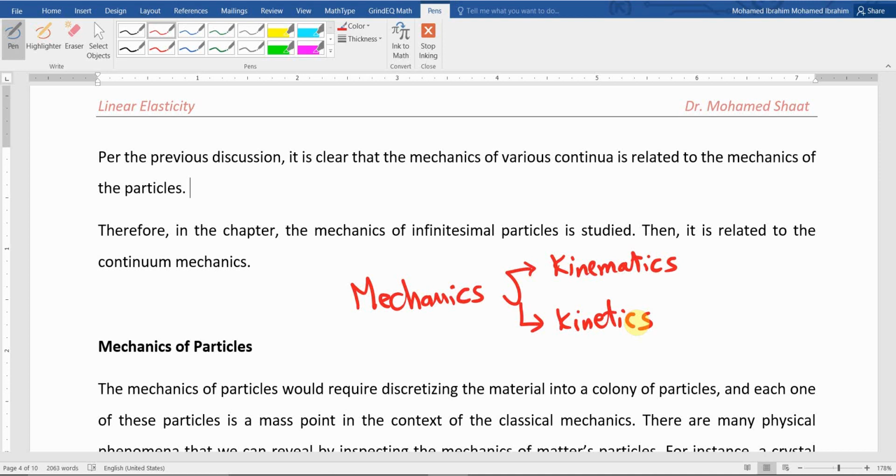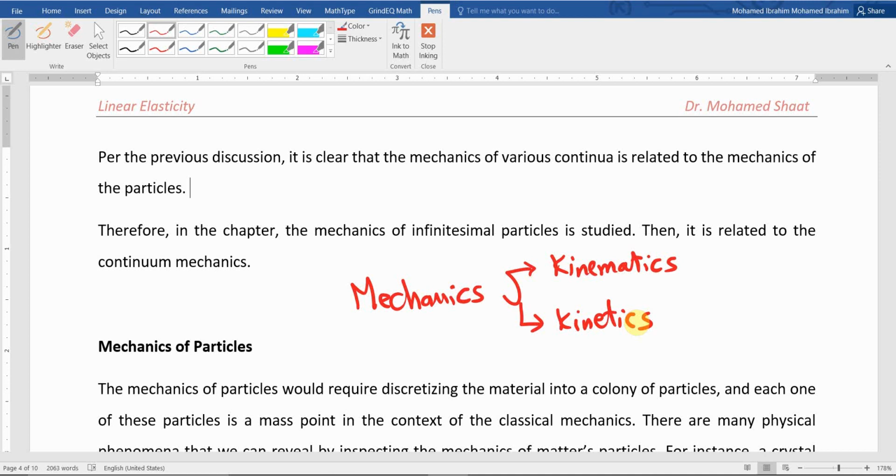Mechanics of particle means that we are interested in investigating how these particles are moving in relation to the forces acting on the particles inside the material, and how this mechanics would affect the mechanics of the entire material, which is the continuum mechanics. So if you study the overall behavior of material, this is continuum mechanics. If you study the movement of the particles inside the material, this is mechanics of particle, or particle mechanics.